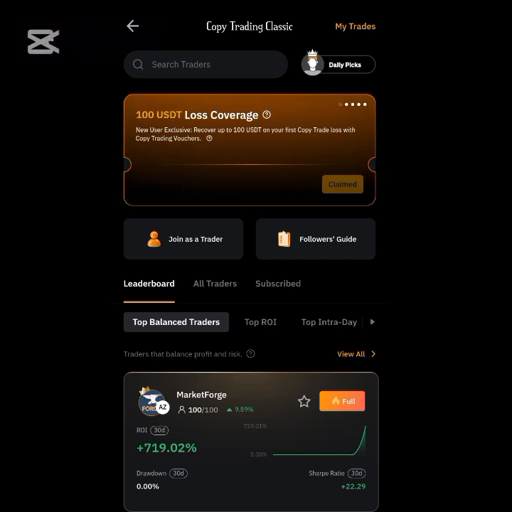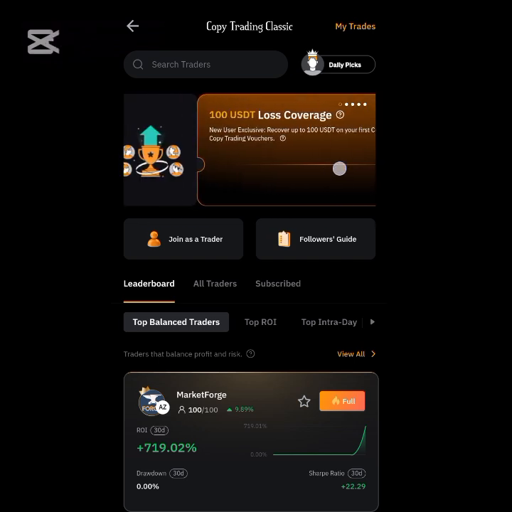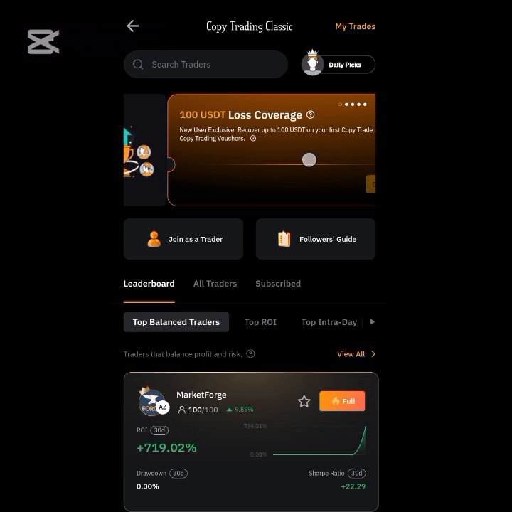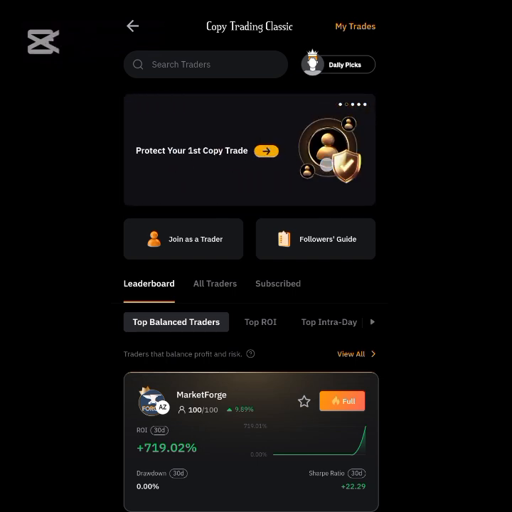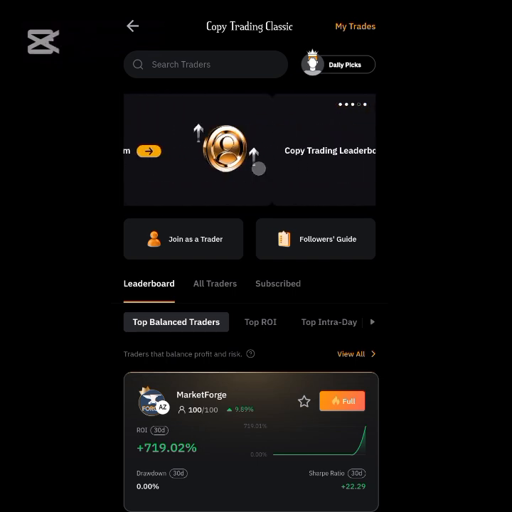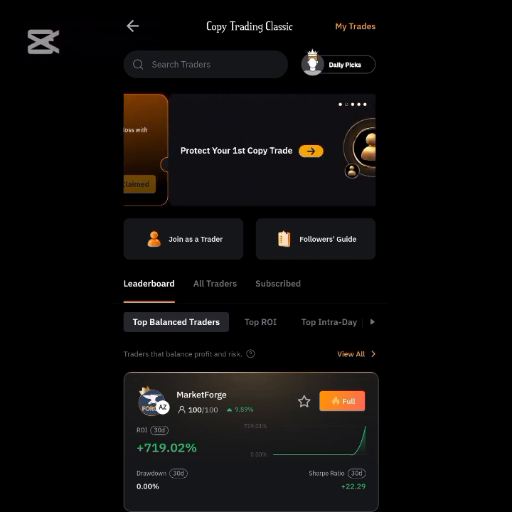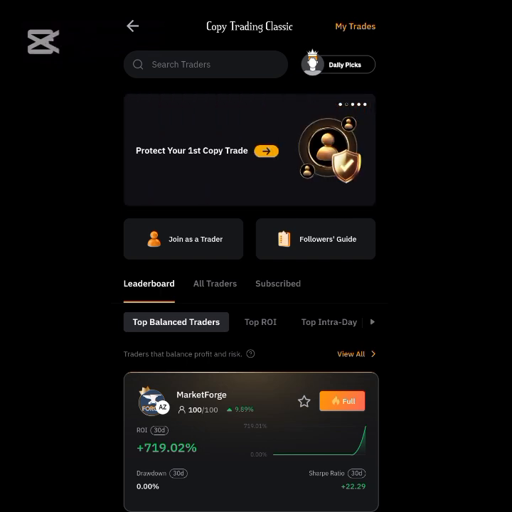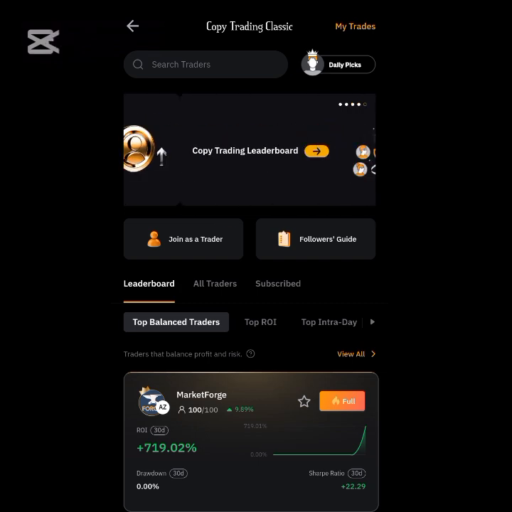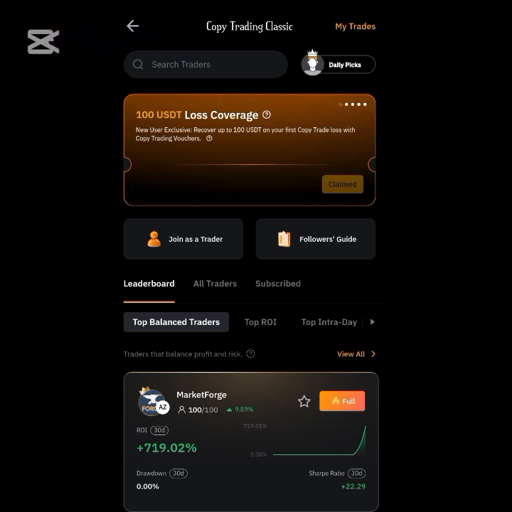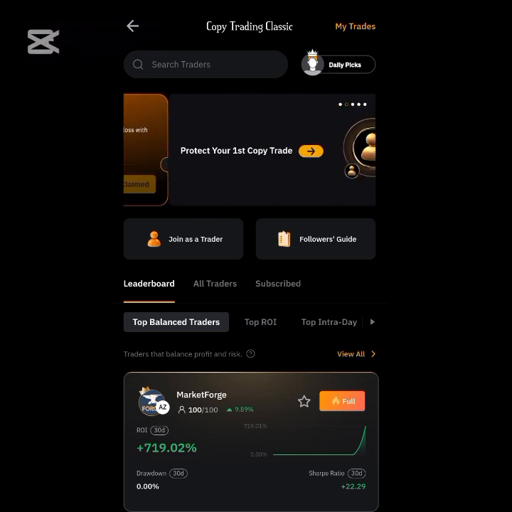So this $100 now will cover any loss you incur for your first trade. If you trade and you lose at least $100, it will be covered by Bybit for free. But the $100 is not withdrawable, basically, but any profit you make from it can be withdrawn. That's basically how it works.